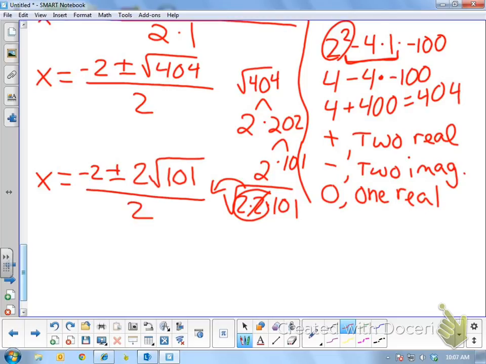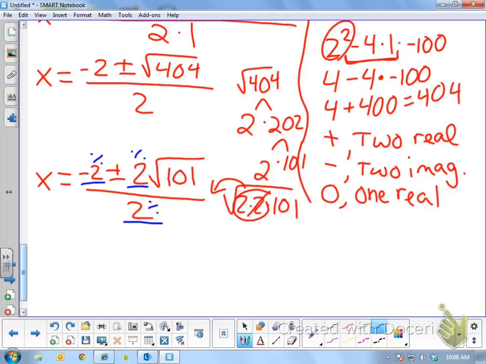Now, unlike completing the square, it's possible for me to simplify further. Because we have this division, I could simplify further. I need to check these 3 numbers, so all the ones that are not under the square root, and see if they could divide by anything. If they can't, we're done. If they can, we are not.